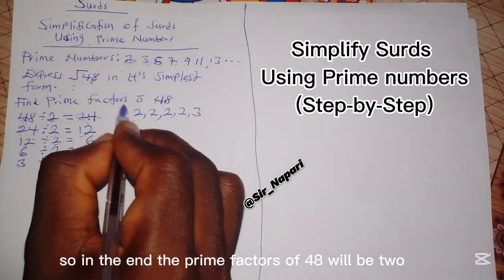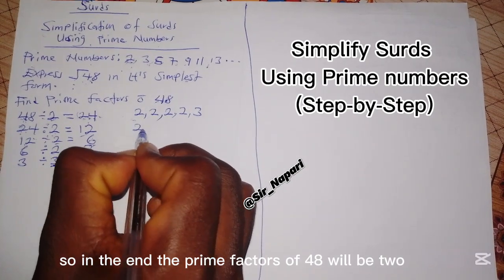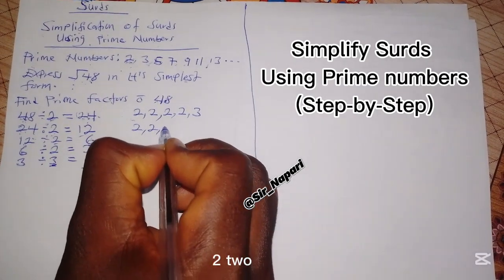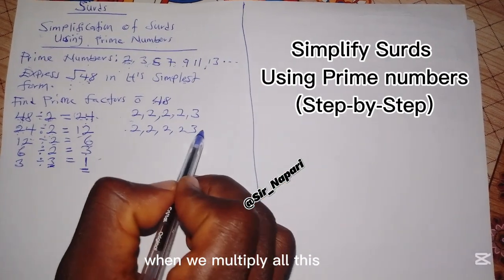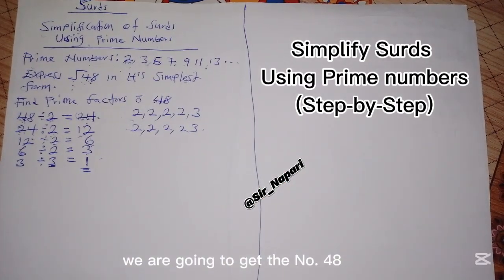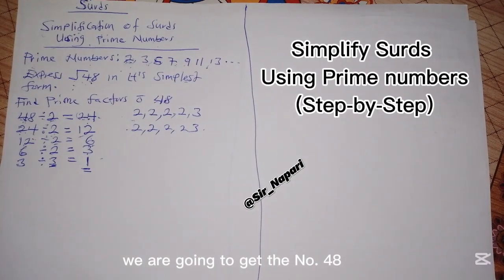So in the end, the prime factors of 48 will be 2, 2, 2, 2, and then 3. When we multiply all these, we are going to get the number 48.